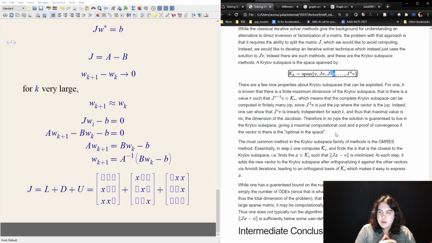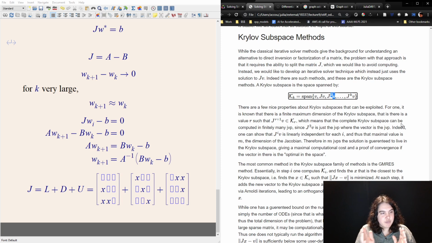The reason is that you can show that each of these vectors that come from the Krylov subspace are not orthogonal, but they're linearly independent of each other, so they're all capturing a new dimension. And so if you do this for at least the number of columns in the matrix, you will have captured something with the same dimensionality of the matrix.